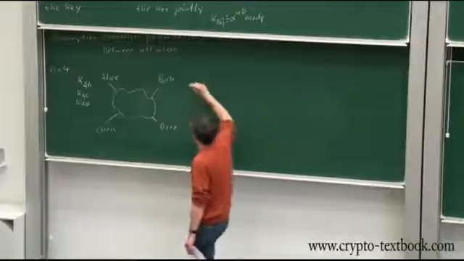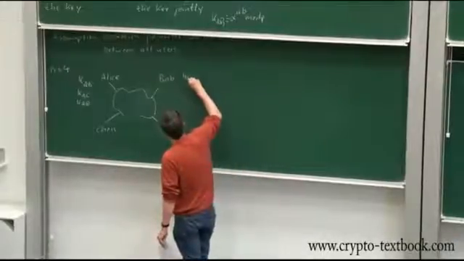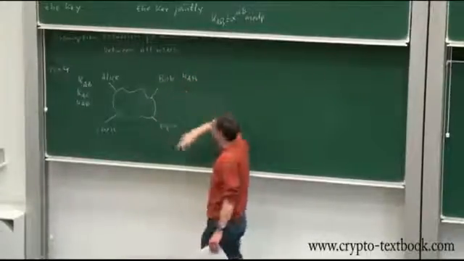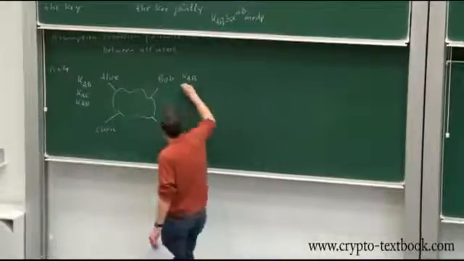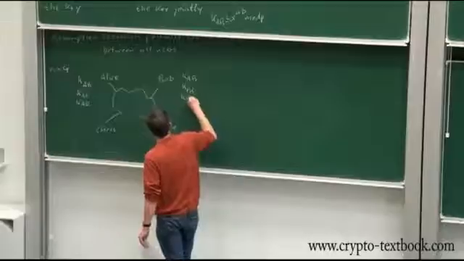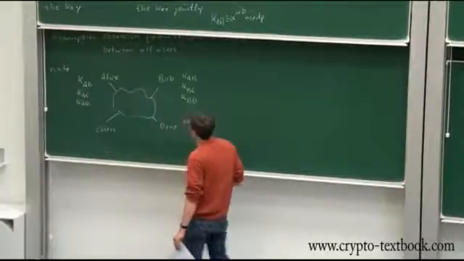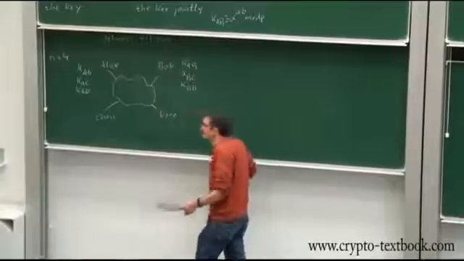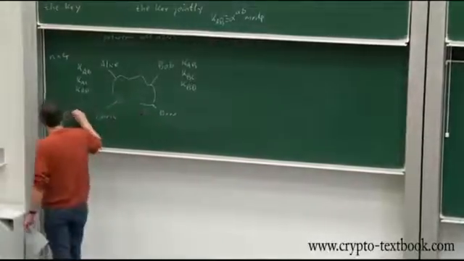Now Bob needs the keys that he shares with Alice, KBC that he shares with Chris, and the key that he shares with Doro. You get the idea. And now every user gets 3 keys here.